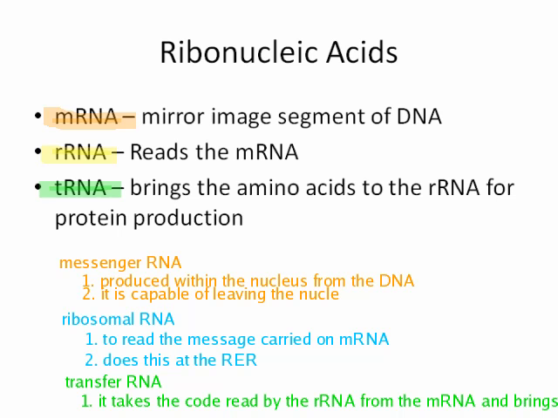And when you've got that long chain of linked amino acids via a peptide bond, what's it called? Primary protein. You've created a primary protein. And so the three of these RNAs must work in tandem with one another.